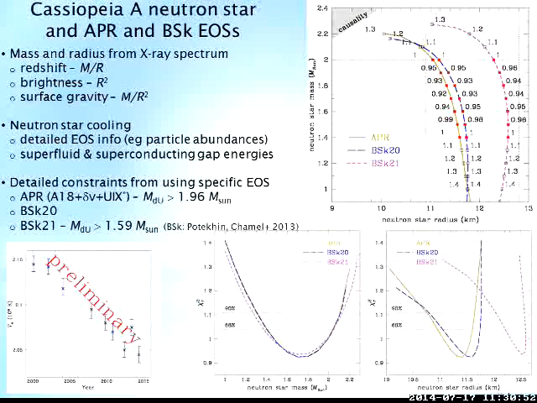What was the fit then again? I missed that. Okay, so let's take APR. At 1.4 solar masses it predicts a radius of roughly 11.6 km. So I take 1.4 solar masses, 11.6, and I use that as the input for my atmosphere model, because the atmosphere model depends on mass and radius.